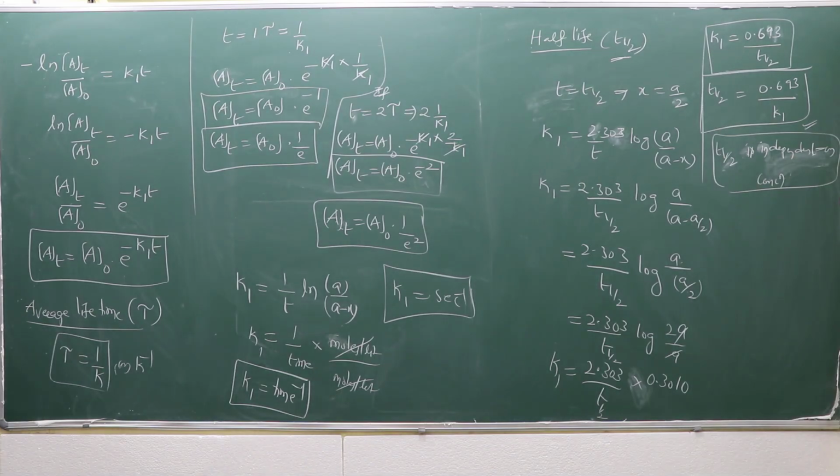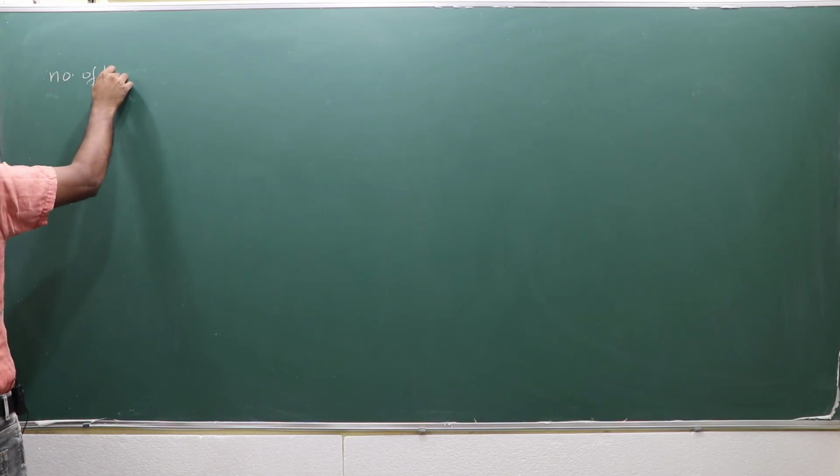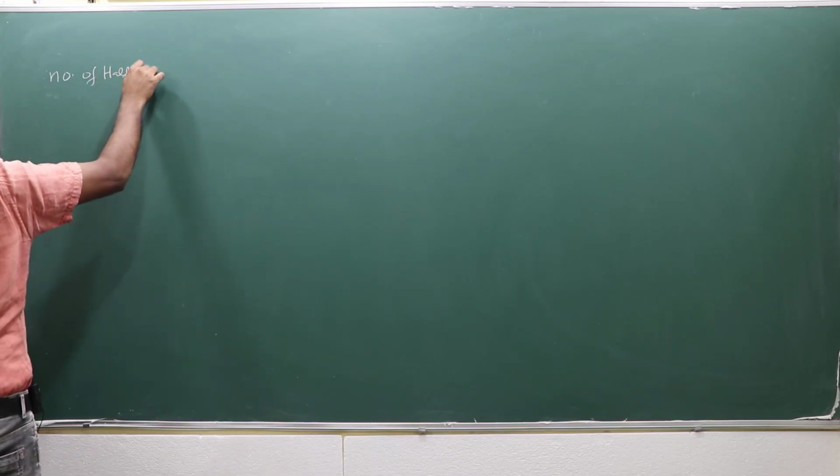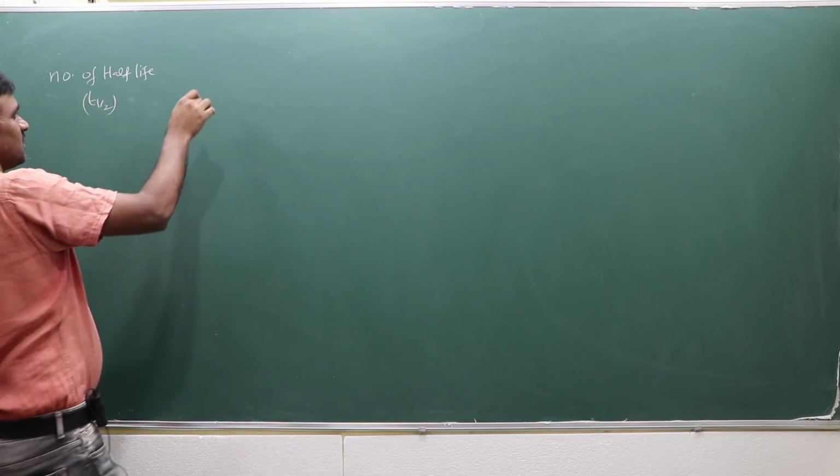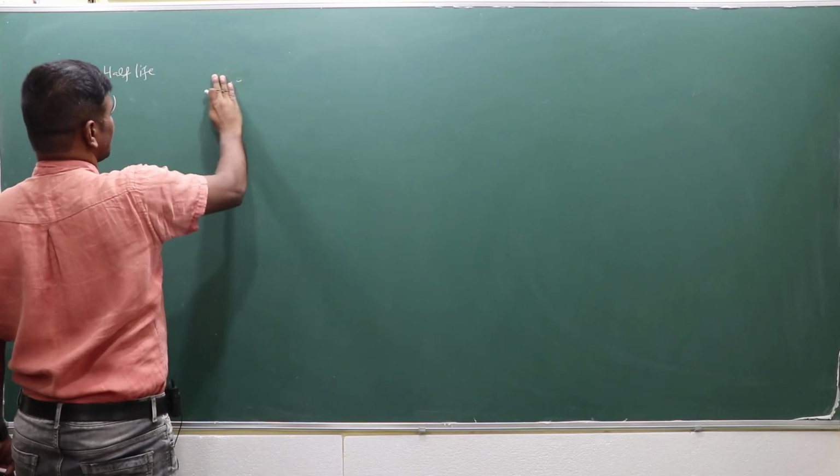Next one, based on this, what we have to calculate, some of the graphs will be there. Depending on the number of half-lives, T halves, how much concentration is left.